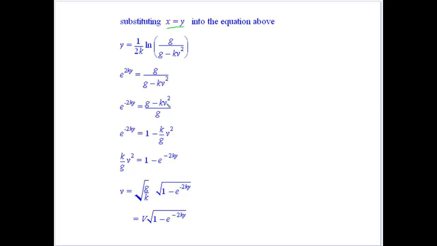We want v by itself, so we'll take the reciprocal of both sides, cancel the g, we get the kv squared by itself, take the other one across, and then divide by k on g and take the square root. And we saw that minus square root of g on k was equal to v, so that's where we were able to get our expression.